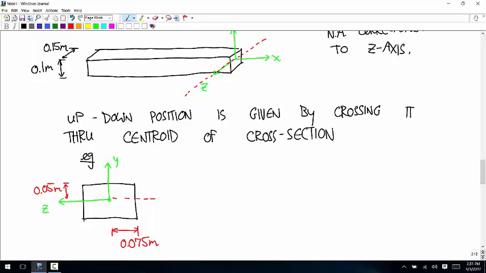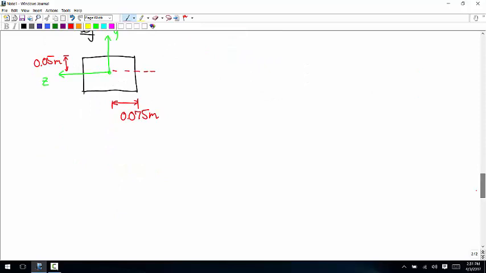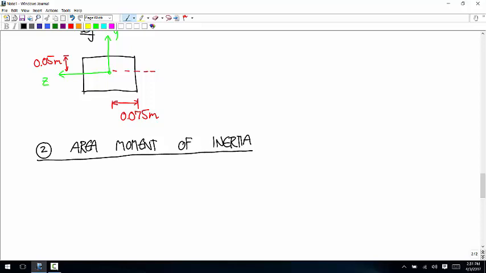And then the next definition is the area moment of inertia. Here's what to remember.